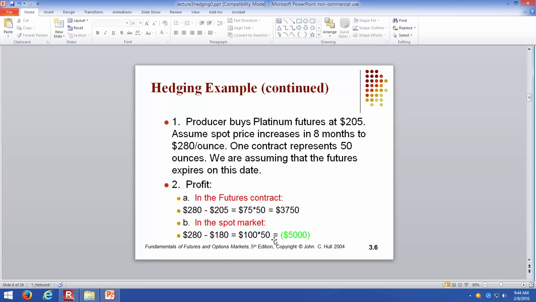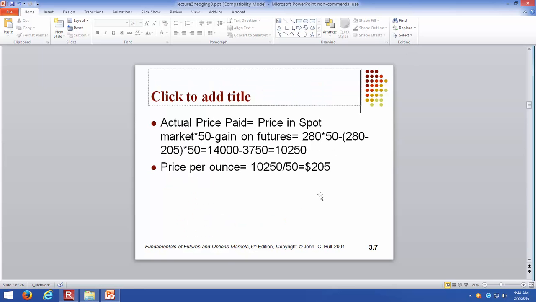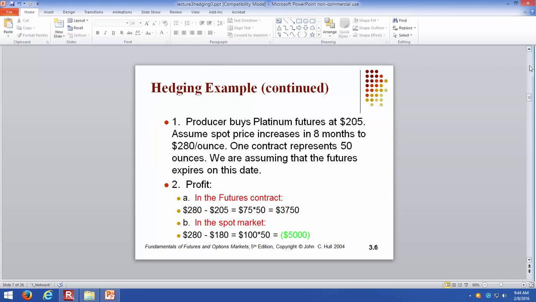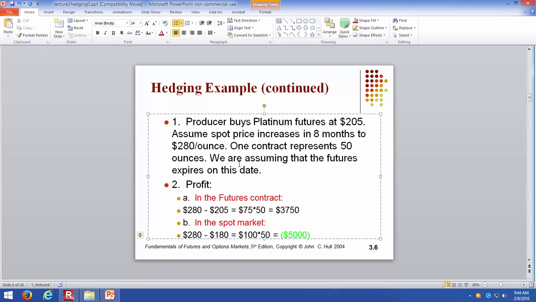So 280 times 50, that gives you $14,000, that is your cost, minus the profit in the futures market. That gives you 10,250. So the price per ounce is going to be 205.